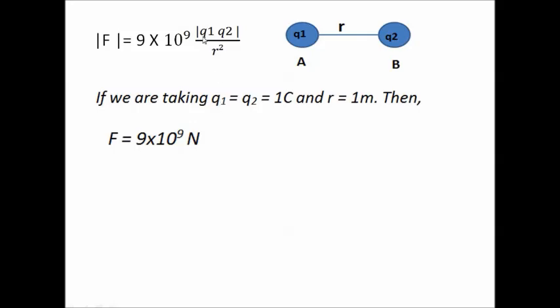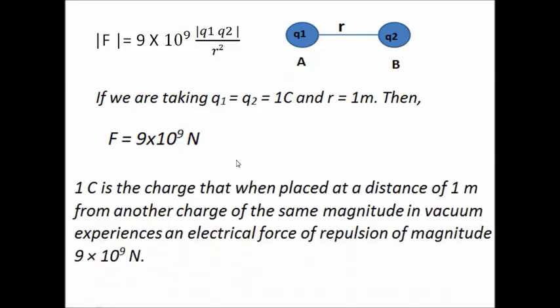That is, instead of Q1, I am substituting 1 Coulomb. Instead of Q2, 1 Coulomb. And r is equal to 1 meter. So, this term will be equal to 1 and I will get F is equal to 9 into 10 raised to 9 Newton.